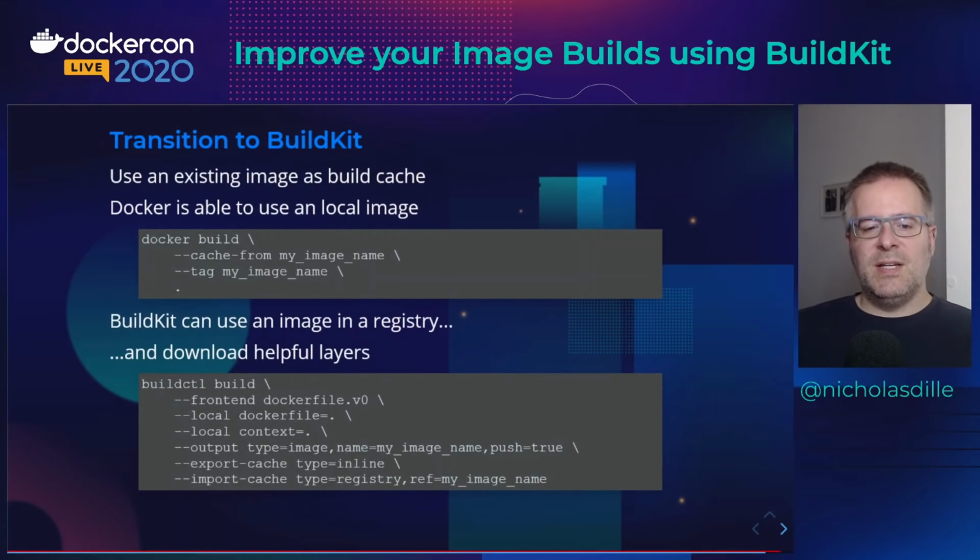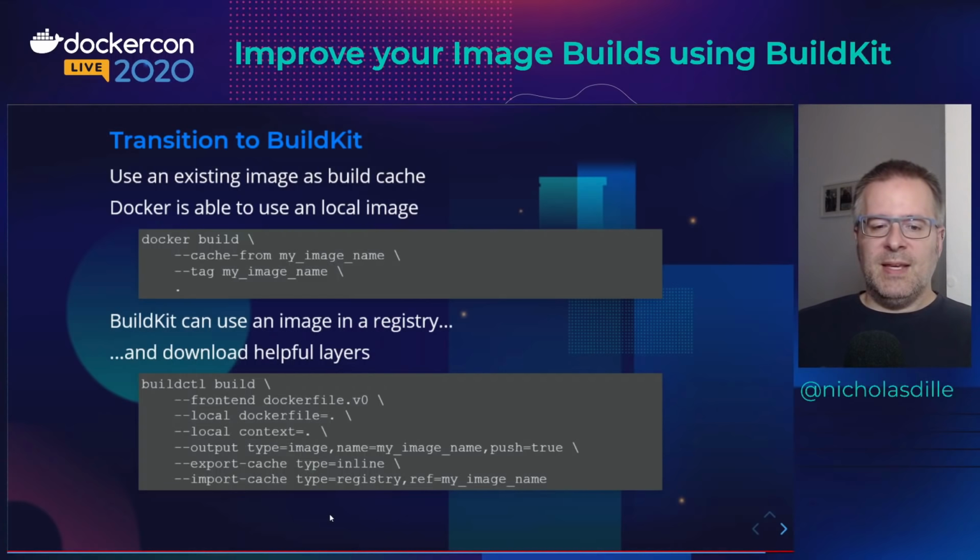If you want to give an image a specific name, we've seen that a bit earlier, because an image receives the name using the --tag in a Docker build. But in BuildKit, you do that in the output option. Then this image is created with a specific name and is pushed to the registry.